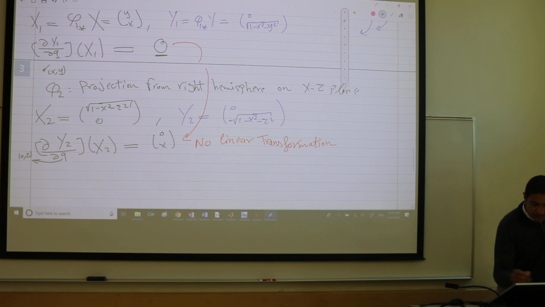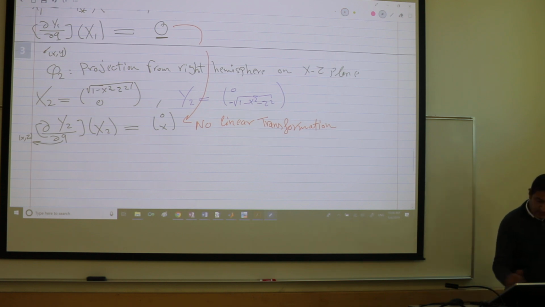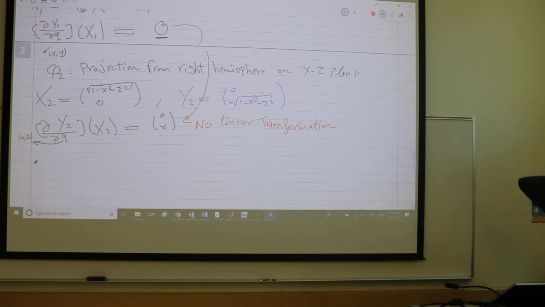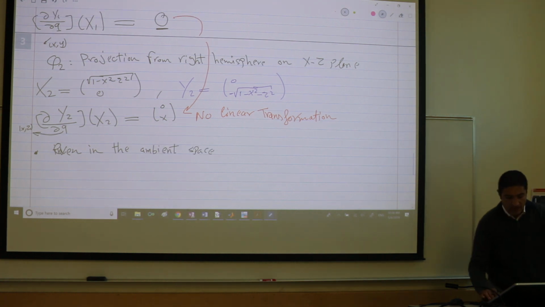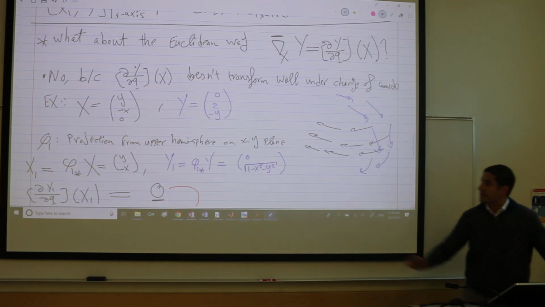And I'll give you another reason to motivate what we can do. Actually, like I said, this doesn't work because it doesn't live in the tangent space. So even if you do this computation in the ambient space, what do I mean by the ambient space? This is S2, it lives in R3, and I gave you the vector fields in R3.